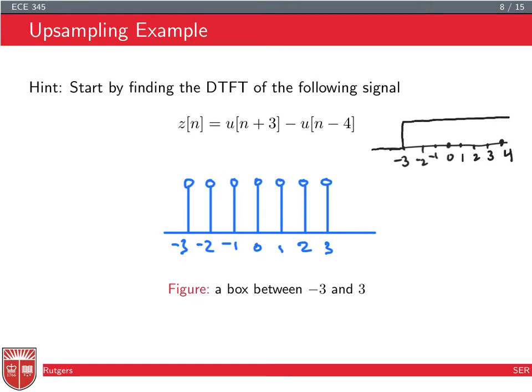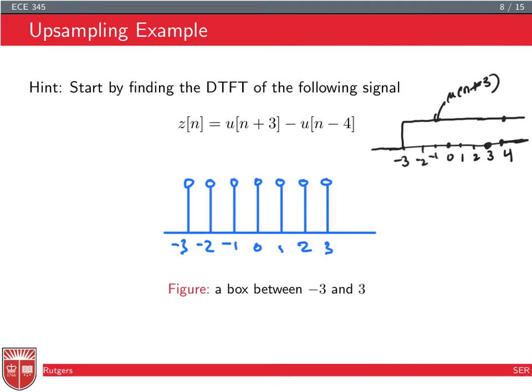So you want to kill everything starting here, but you want to keep the 3. So this is why you have to subtract the following step function. No, sorry, that's not it. Let me fix it, because you have to keep the 3 here. So this is u[n+3].